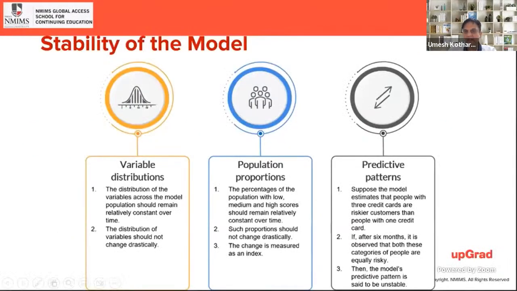So are we saying only this is important as stability? Because the moment we say stability, ideally we should be concerned of all three: predictive patterns, population proportions, and variables that we've used in. Would we be most concerned about this? I personally would not, because I think it's interlocked or interrelated. If you don't have any of the three, in my opinion, stability is not going to be achieved.